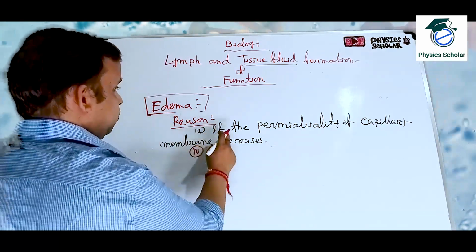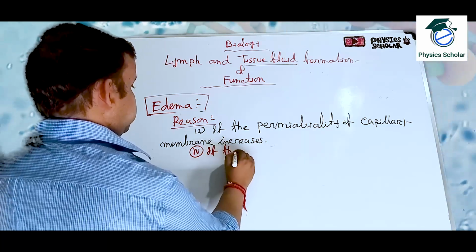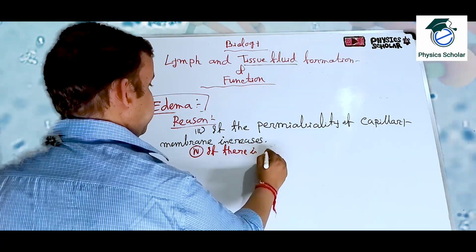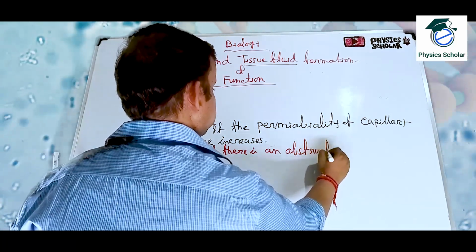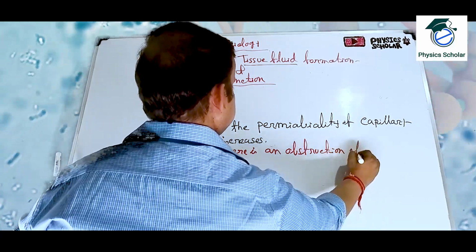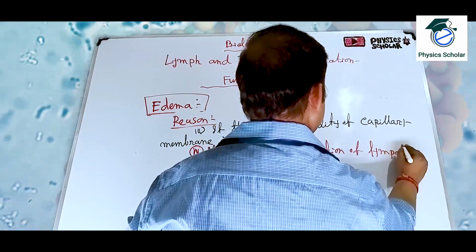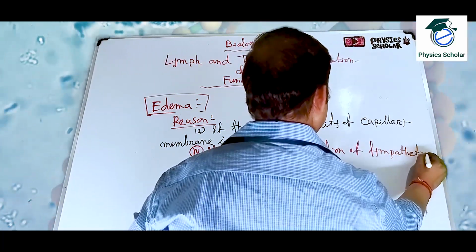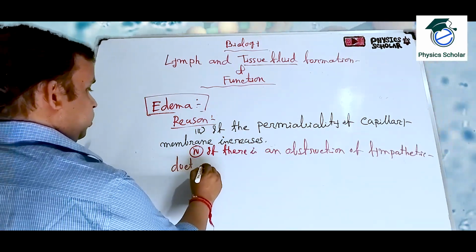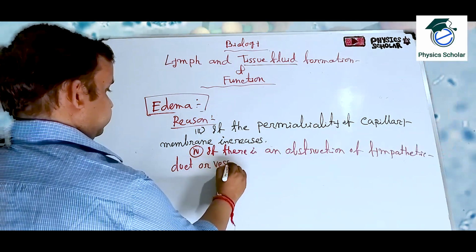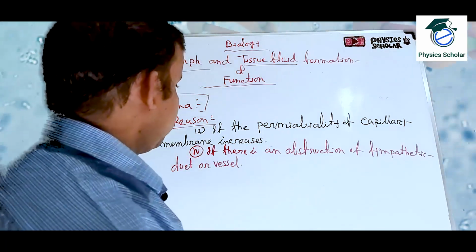Now, number 4. Number 3 was permeability. If there is an obstruction of the lymphatic duct or vessel. The next topic will be lymph.